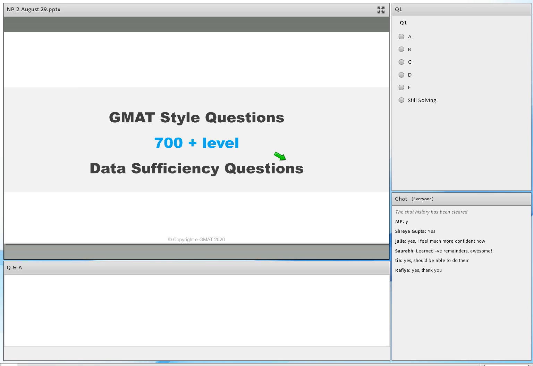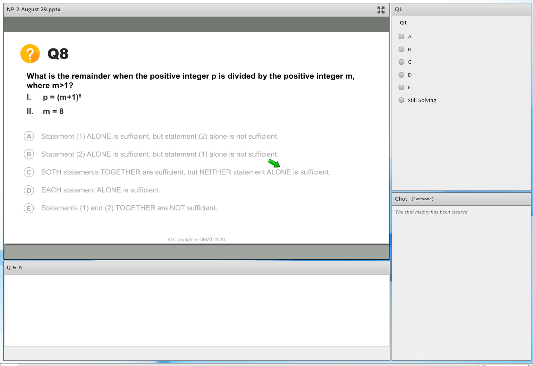Let's have a few more people marking still solving. I'm going to show you the question when I have enough people here. Okay, now that looks good. Here's the question again. Trust yourself. Put everything that you've learned till here.